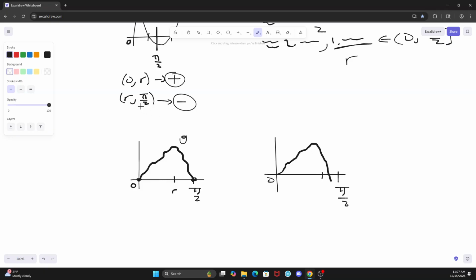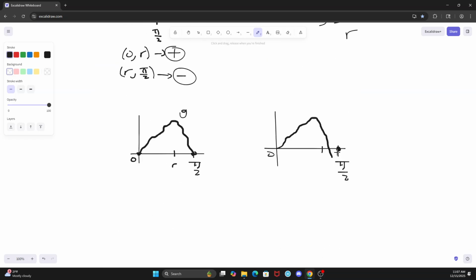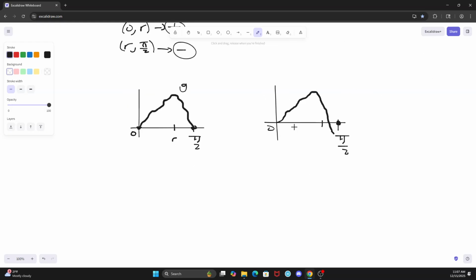But we know that from r to pi over 2 it always decreases, so we can never increase back up to 0 at pi over 2. And because g is continuous on this interval, because sine x and x times pi minus x are both continuous, we can't really jump up to pi over 2. So we can never have that g is negative on this interval.